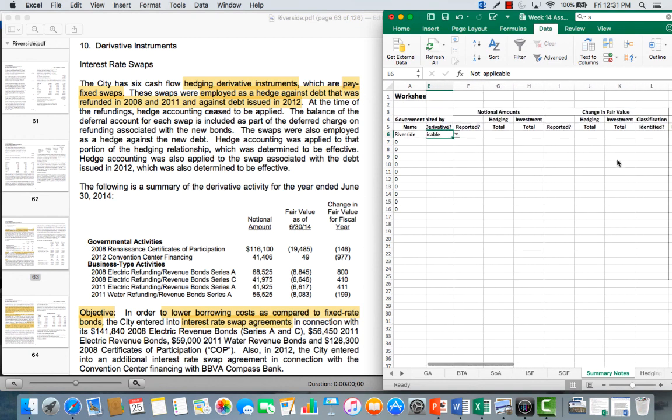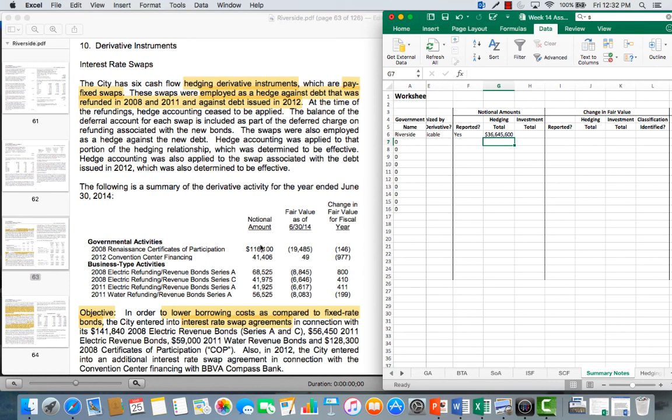Next, we're being asked if they presented the notional amounts, and they have. So first, we're going to say yes, they've reported them, and then put in the total notional amount for hedging derivatives. And again, we know that all they have is hedging derivatives, so there won't be any amount for the investment derivatives. This total happens to be $366,456,000.